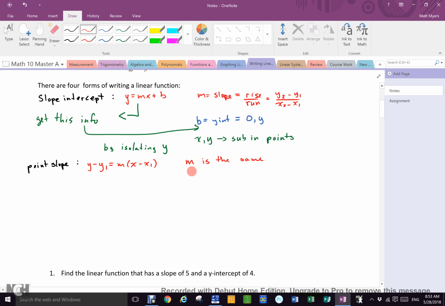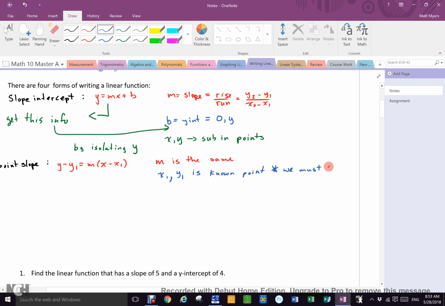And what do I know about x1 and y1? It's a known point, except there's a star there, isn't it? What do I know about that point? We must change the sign.